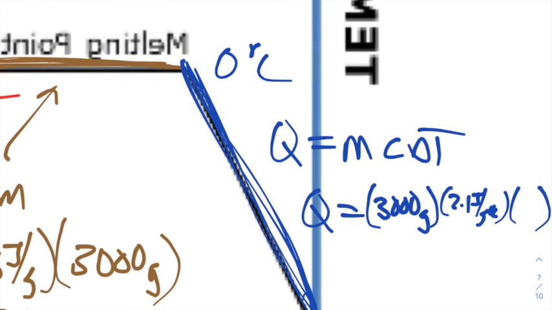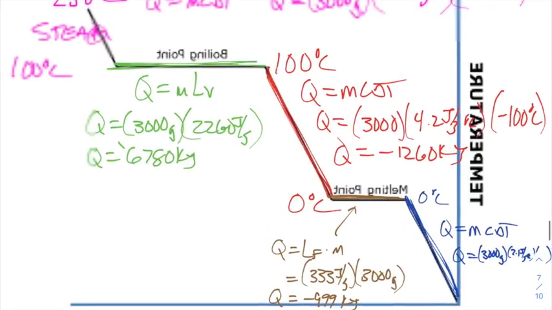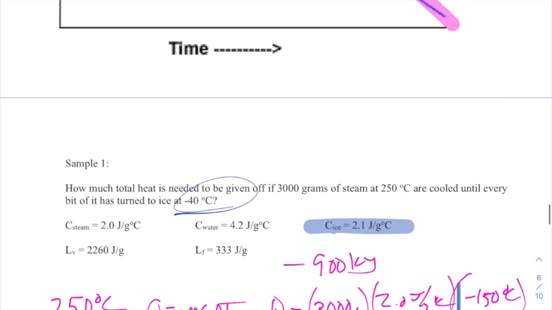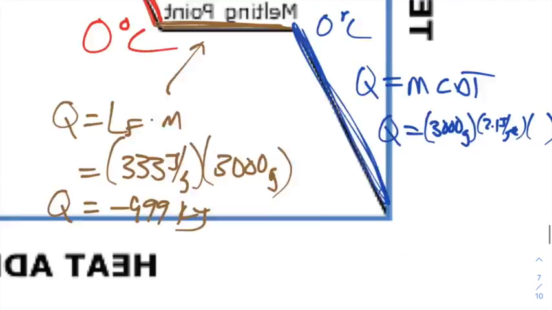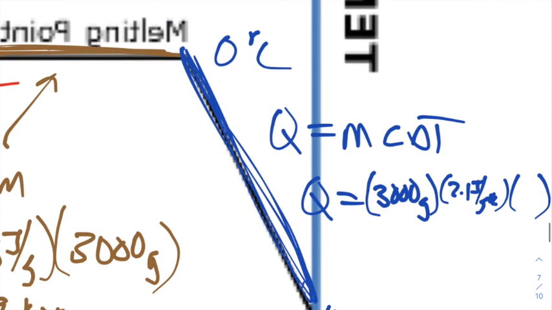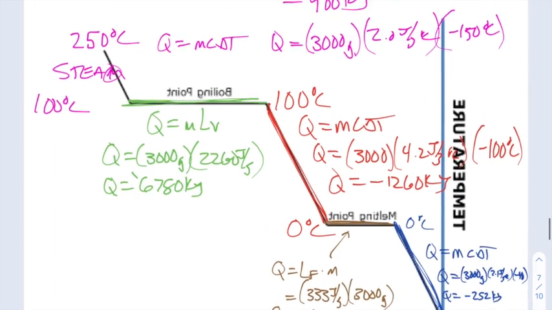And then I want to go from 0 degrees Celsius all the way down to what? Negative 40, it said. So I have to lose 40. So that's going to be 3,000 at 2.1 at negative 40, which is negative 252 kilojoules there.